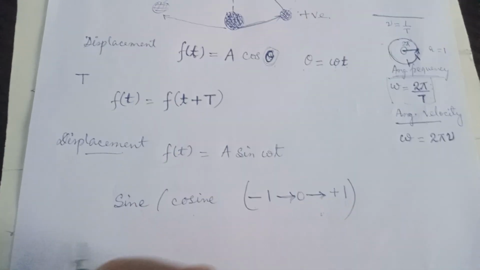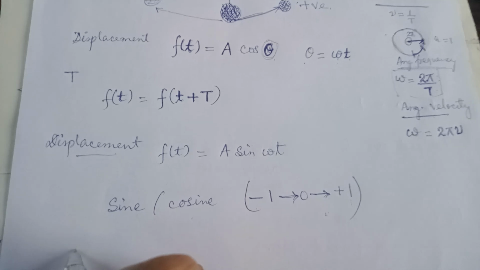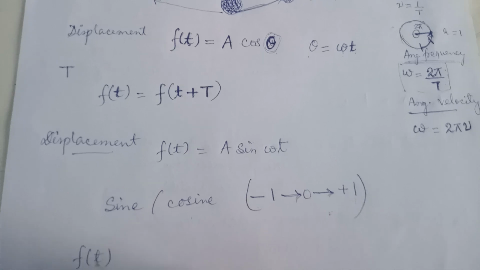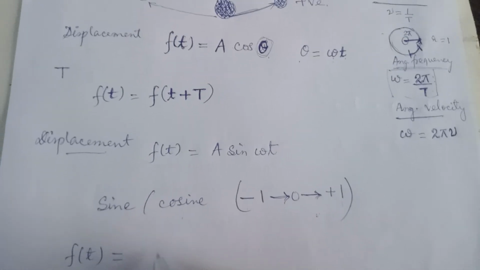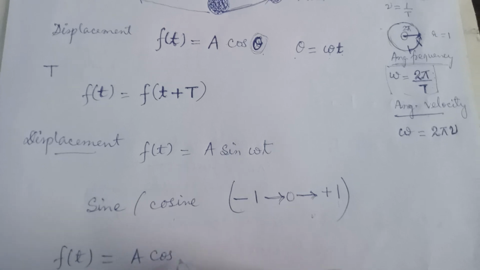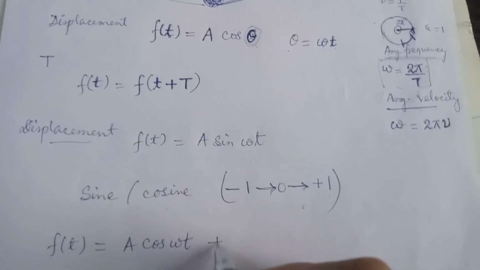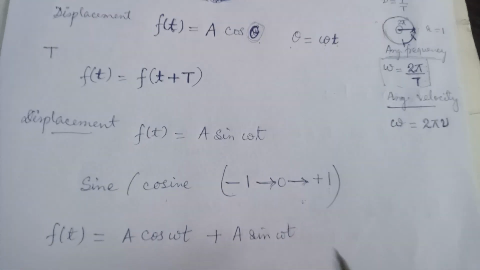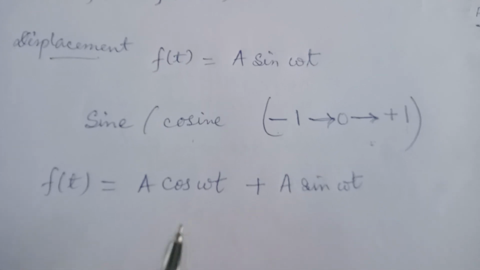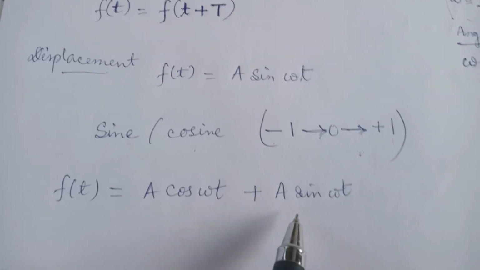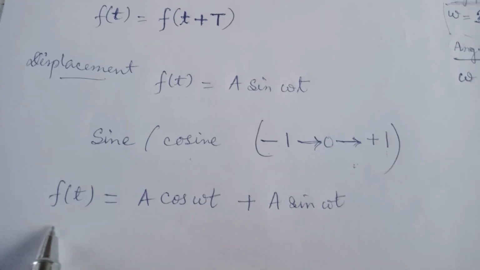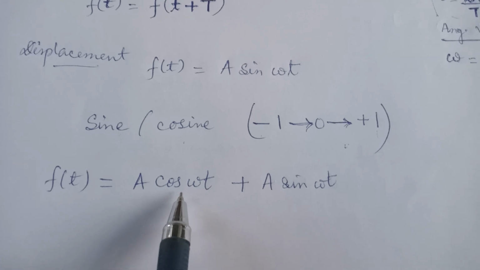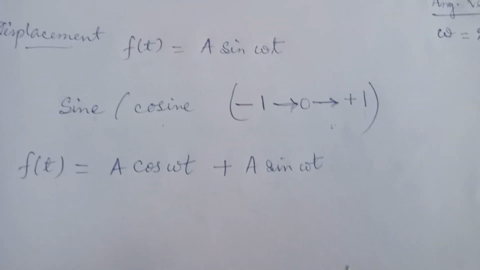Therefore, now the displacement equation can be written as a cos omega t plus a sin omega t. Okay, so this is the linear combination of cosine and sine functions. So displacement is the linear combination of cosine and sine functions.